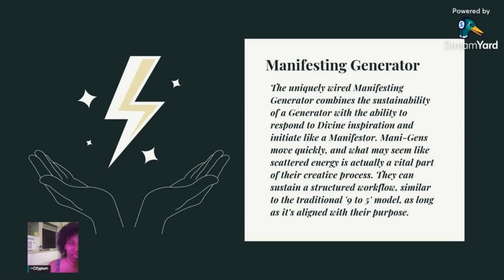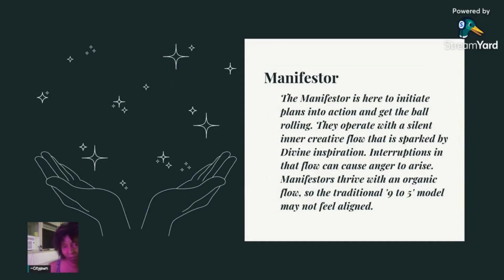They are included in what will be called a generator type, because they do have a defined sacral center and they can sustain that similar traditional workflow, as long as it's aligned with their purpose. So the manifestor is a type that's here to initiate. They are here to get the ball rolling and to set plans in motion.